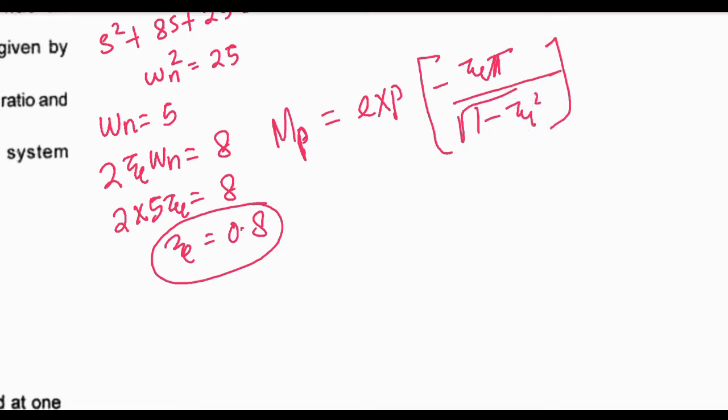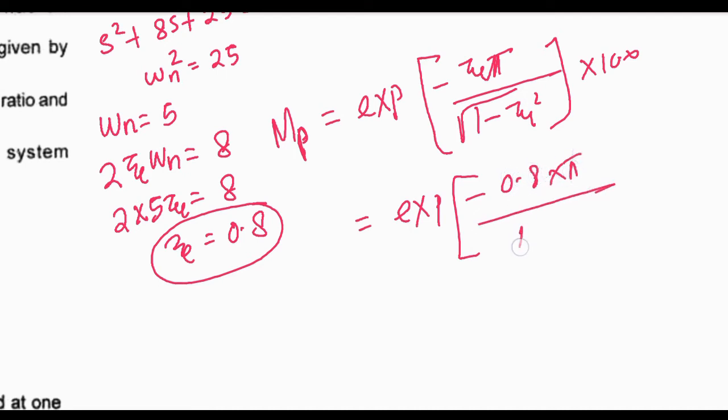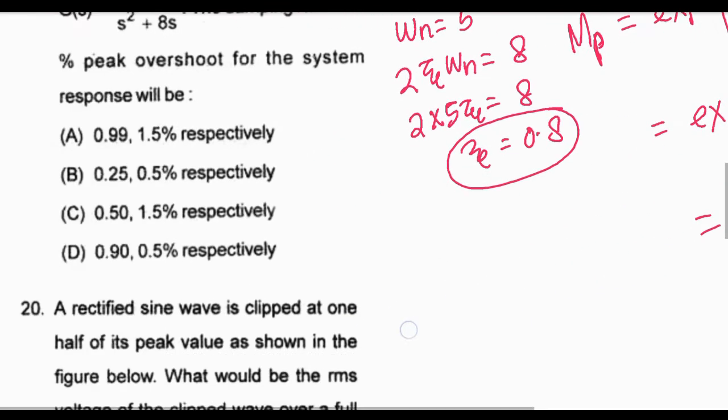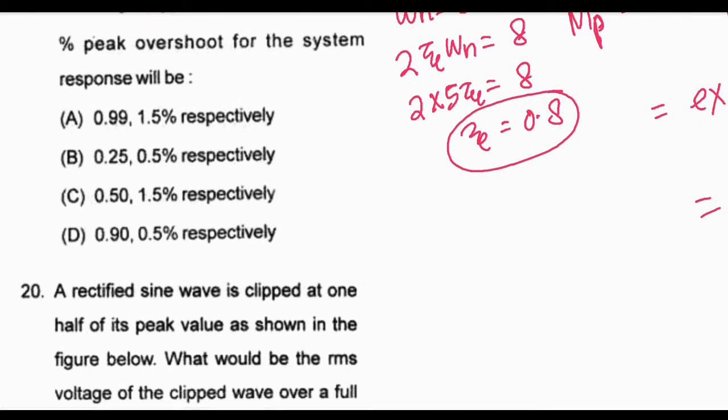This is the formula. So what will be the answer? Exponential of minus 0.8 into pi by square root of 1 minus 0.8 square, into 100. I am writing directly it to be 1.5%, and here there is no 1.5%.